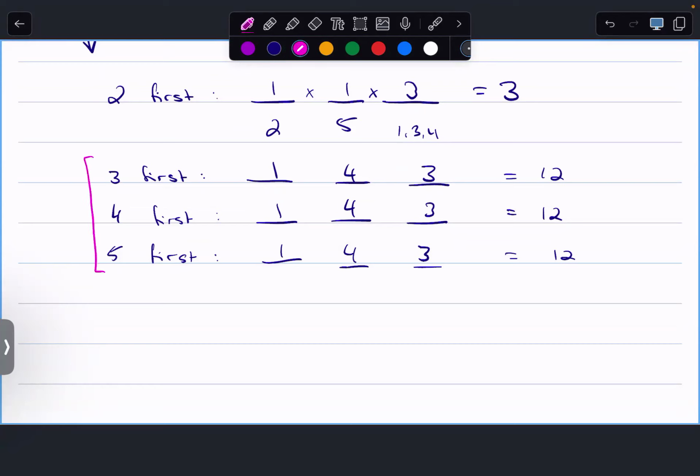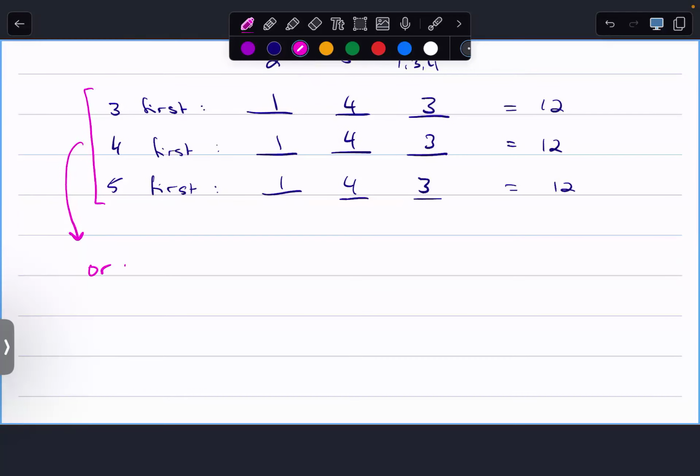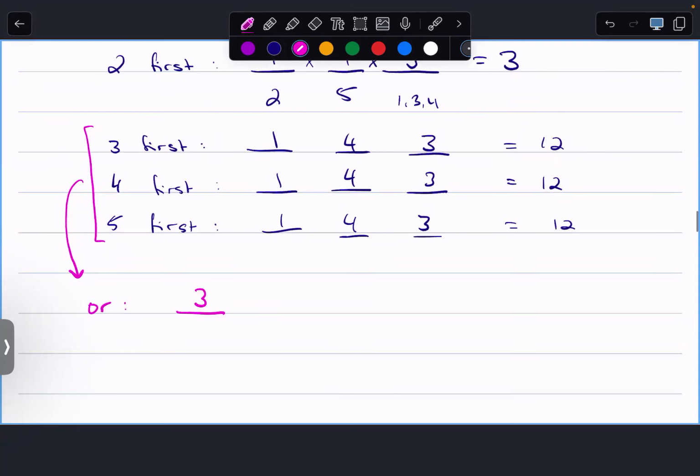What could you have done? You could have lumped all these special cases into one, right? And you could have said, or that might look like this. I have 3 options, right? Could be 3, 4, or 5. And then I have 4 options.